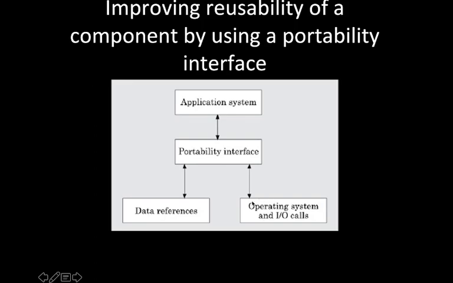If the component has some operating system and IO calls, and abstract versions of data references and all these things, they will be hidden, because there is a portability interface which interacts with the application system. So we do not see the underlying mechanism happening inside; it is hidden from the application system.